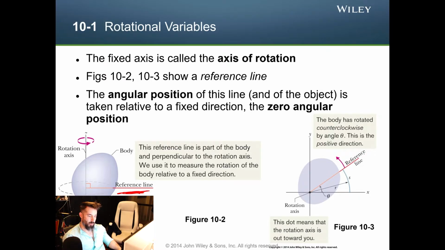So over here, they've set the reference line in what looks like probably a 45-degree angle. And they're saying this is the reference position, and then we're rotating in a certain direction. The convention is that counterclockwise is positive, and then clockwise is negative.